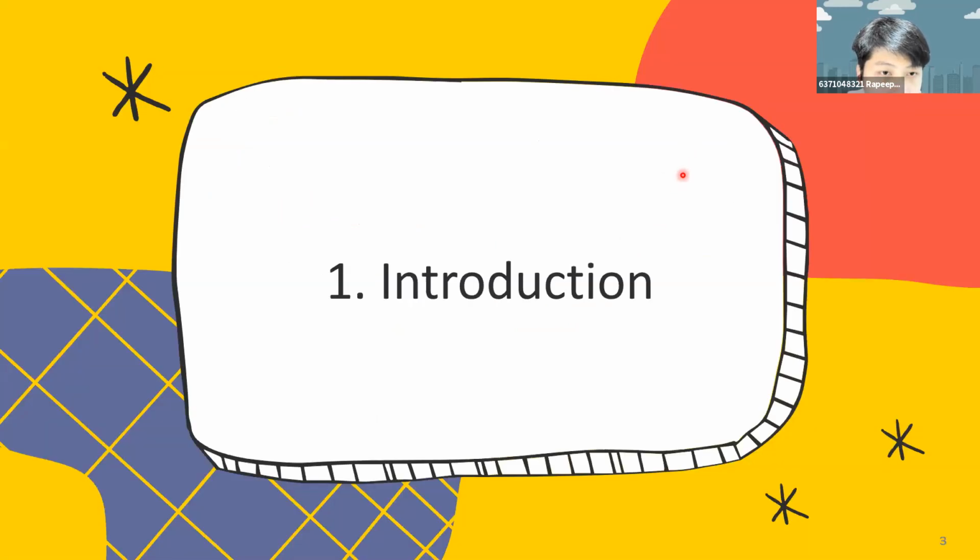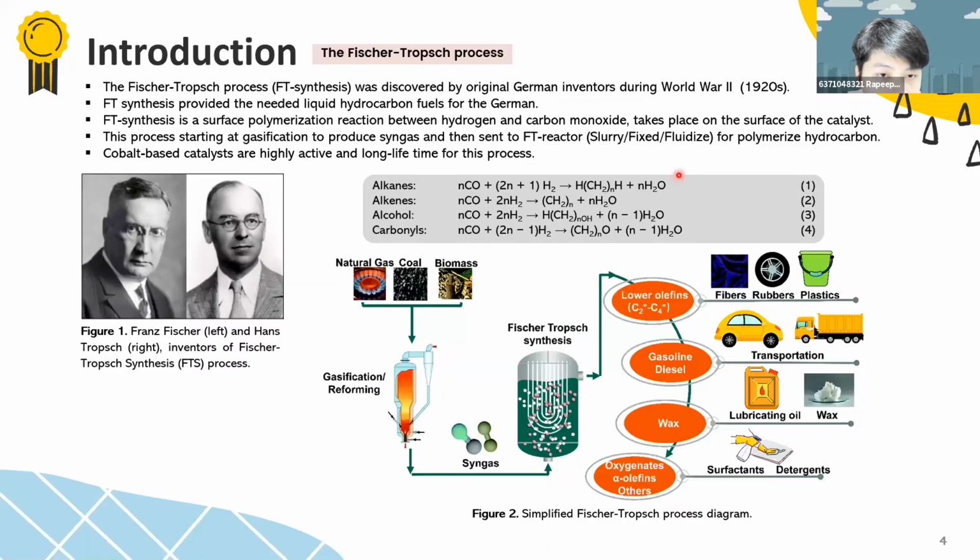Let's begin with the first part, the introduction. The Fischer-Tropsch process was discovered by German inventors during World War II and provided liquid hydrocarbon fuel for the Germans. Fischer-Tropsch synthesis is a surface polymerization reaction between hydrogen and carbon monoxide that takes place on the surface of the catalyst.